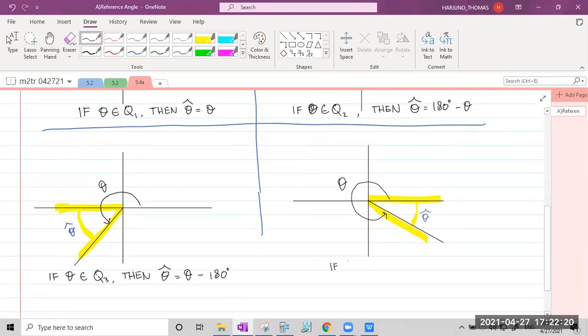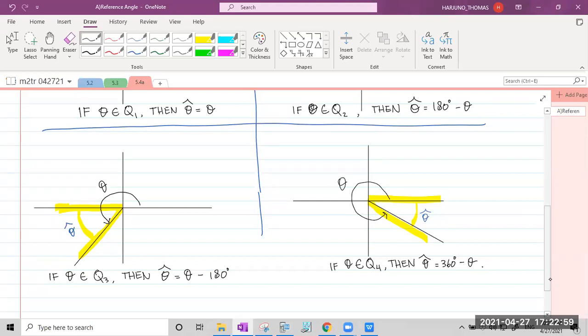In other words, if theta is in quadrant 4, then the reference angle is 360 degrees minus theta. That's what you need to be able to do first before we go on. On Thursday, finding the exact value with the help of this reference angle.